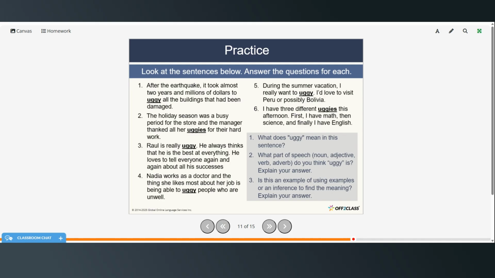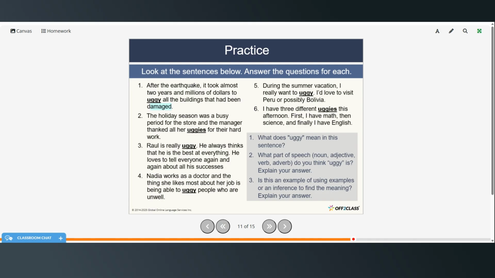This would be inference, because of earthquake, 2 years, millions of dollars, and damaged. So from all of that information, we can make the inference that ugly means to repair. It could also be antonym because it's the opposite of damaged.